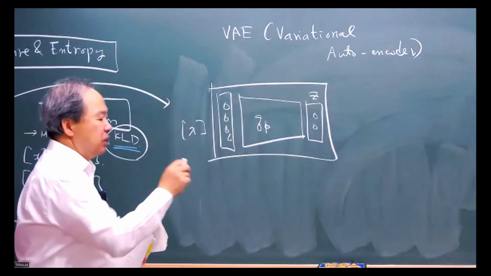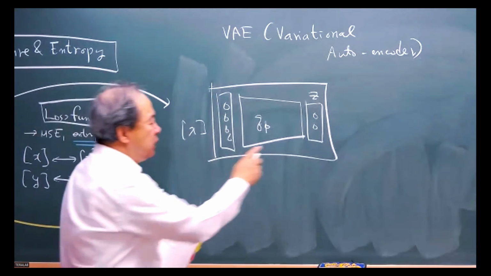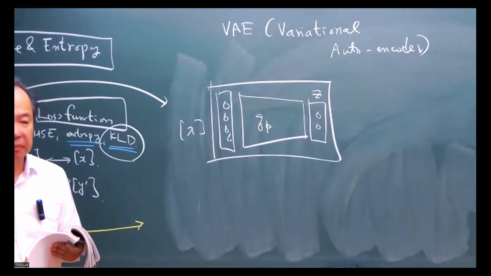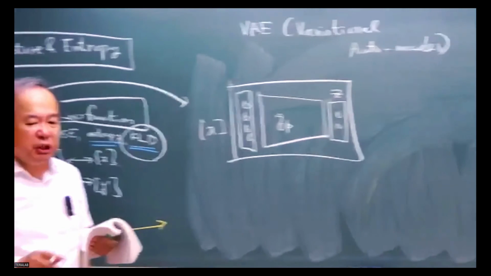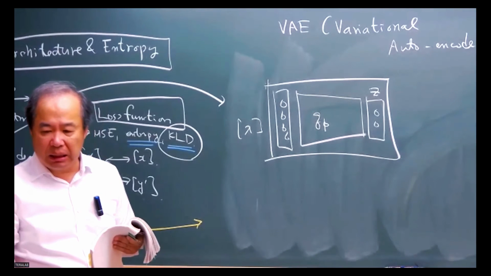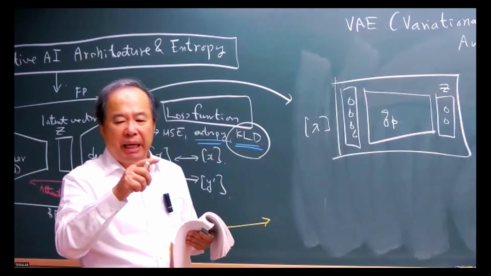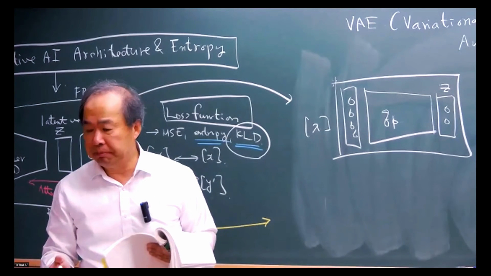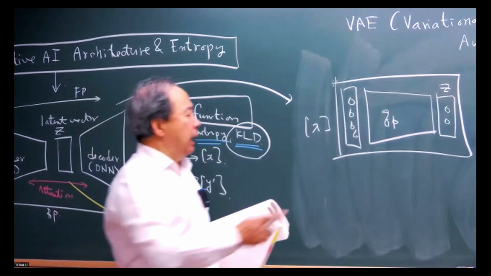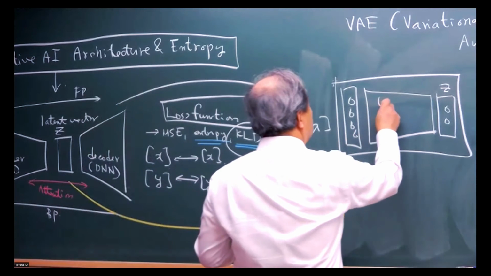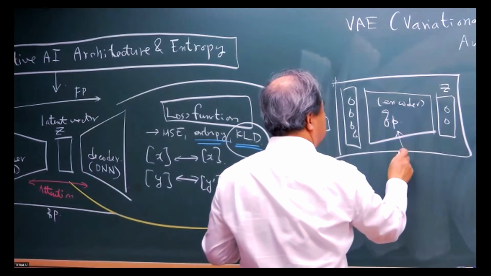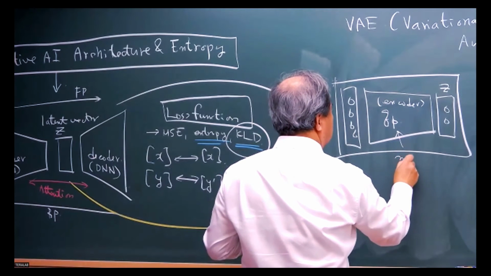Of course, the size of the g vector is much smaller than the x vector. And of course, the g vector is not discrete numbers. It may have certain distributions, usually a Gaussian distribution. And q represents the encoder, and pi represents the model parameters.